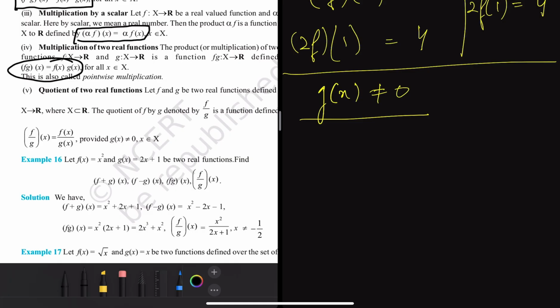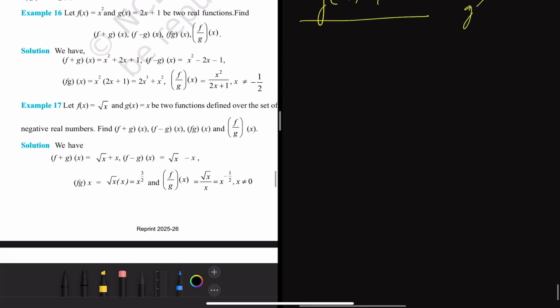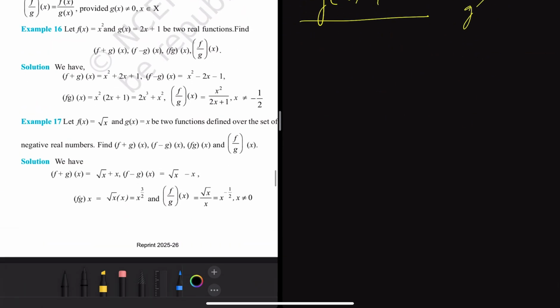Otherwise, for that particular value of x, f upon g will not be defined. You just need to understand this a bit right now. When we do the exercise in detail, you will get a better idea of what I'm trying to say here. Then let's do these two example problems and then we'll move on to the exercise.